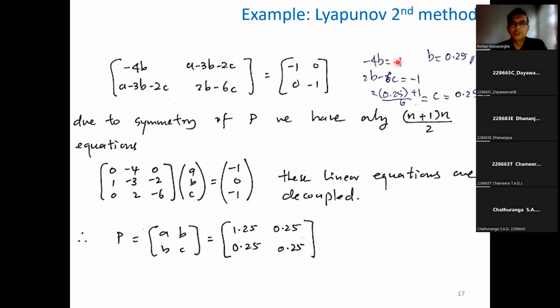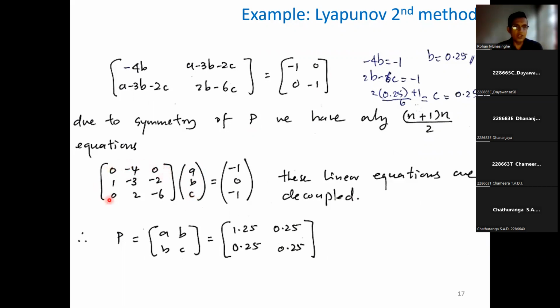If you look at this one, the first equation is minus 4B equals minus 1. You can write it like that. Minus 4B means there's no A here, there's no C here. So these elements are zeros. And this is the variable vector A, B, C. We have 3 variables, A, B, C, or 3 unknowns, and we have 3 equations.